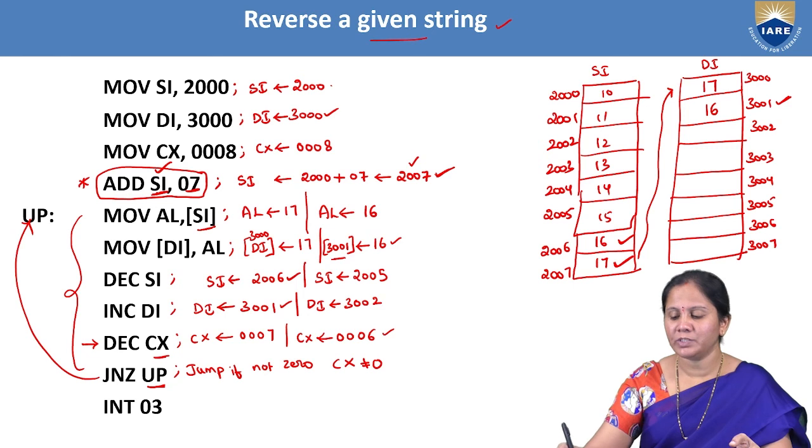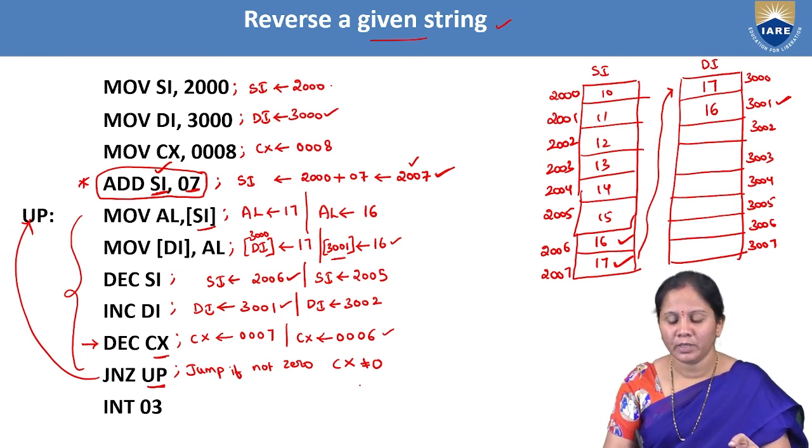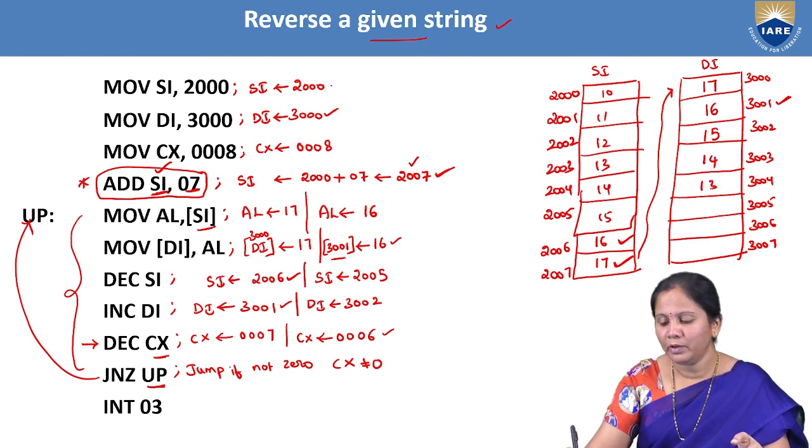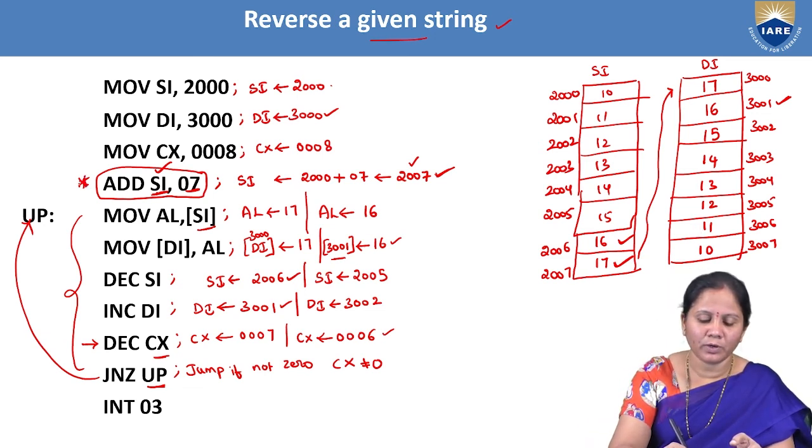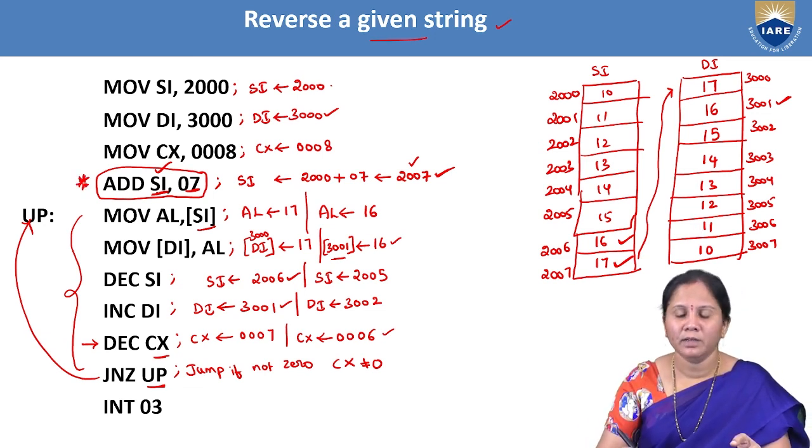The same set of instructions is repeated until the counter becomes 0. Before the counter becomes 0, all the values will be moved from SI to DI location in the reverse order. So this is a very important line that will perform this reverse operation.